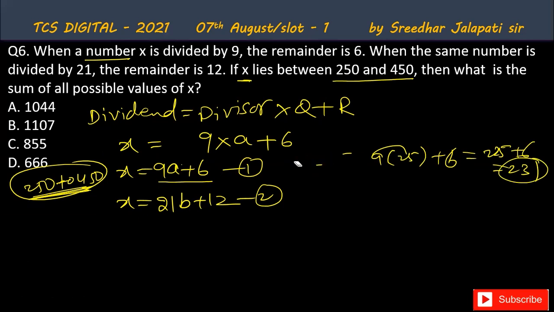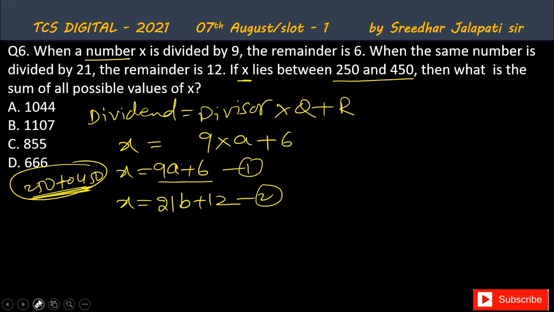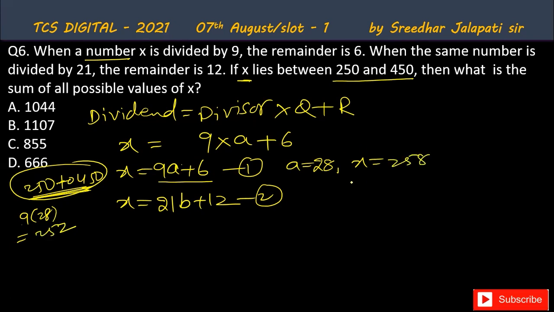So by trial and error, checking what value of a gives x between 250 and 450, if you take a is equal to 28, you will get x as 9 into 28, 9 eights are 72, 9 twos are 18, so 252, plus 6, you will get 258.